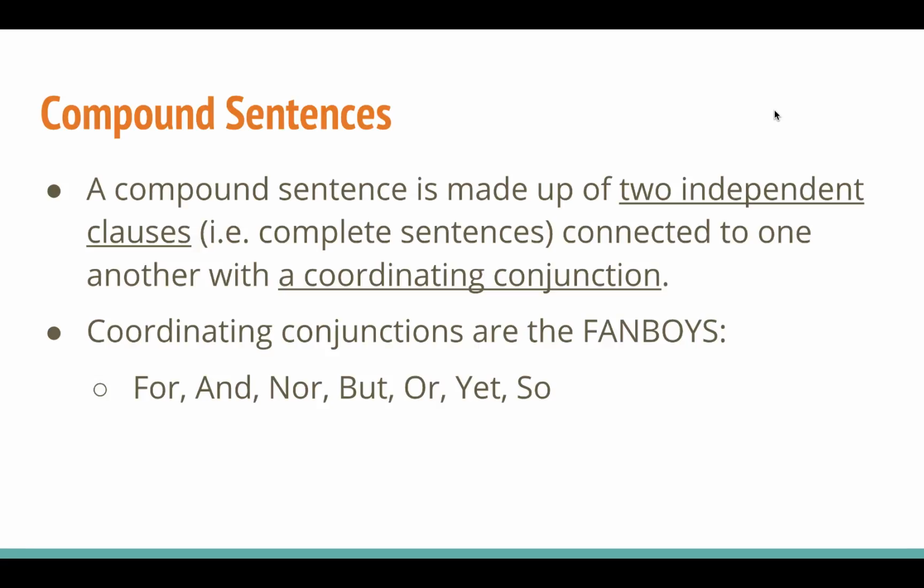That's the acronym you can use to remember: FANBOYS are for, and, nor, but, or, yet, and so. Anytime you see two independent clauses connected with one of those FANBOYS, that's how you know it's a compound sentence.